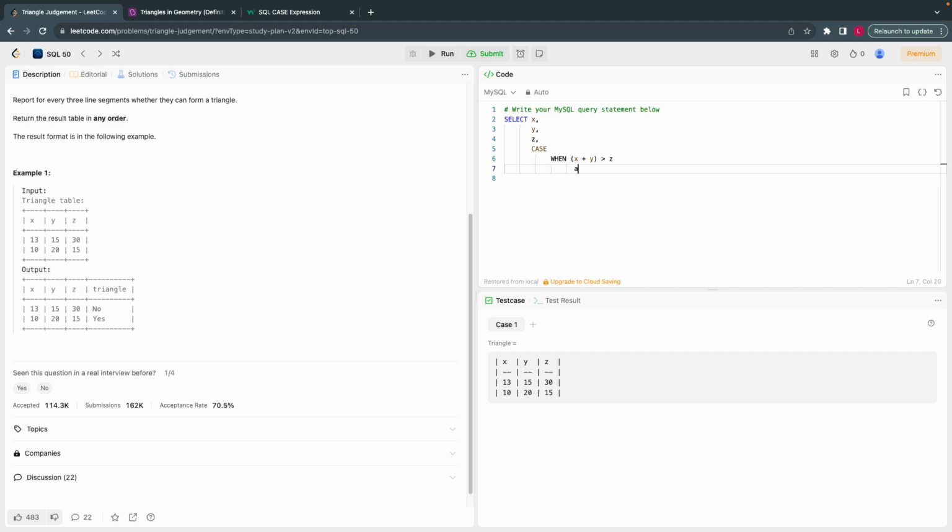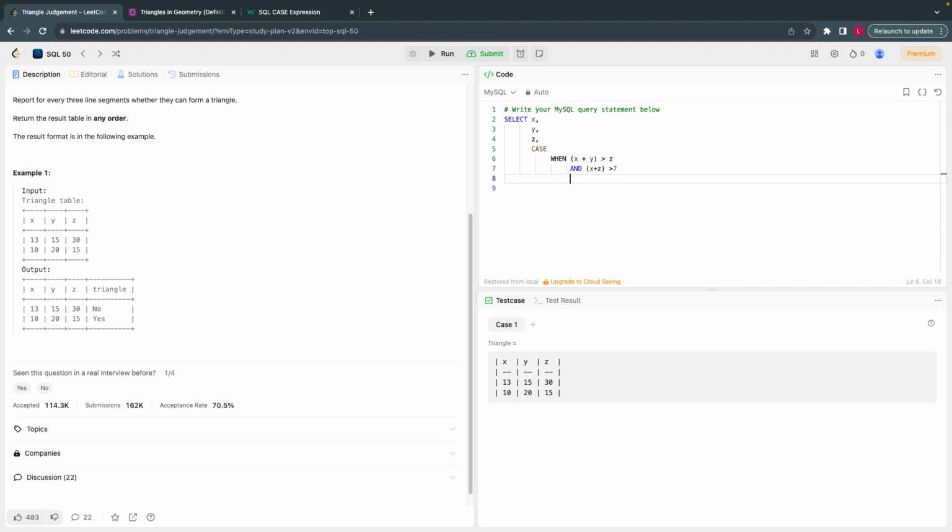And I should also combine x plus z, which should be greater than y.